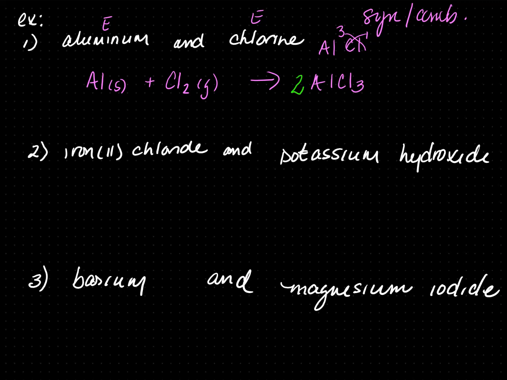So this will give you 2 Als, and it will give you 6 Cls. So on the opposite side, I need a 3 in front of Cl2 to give you 6 chlorines, and a 2 in front of Al to give you 2 Al. So the balanced equation is 2, 3, 2.